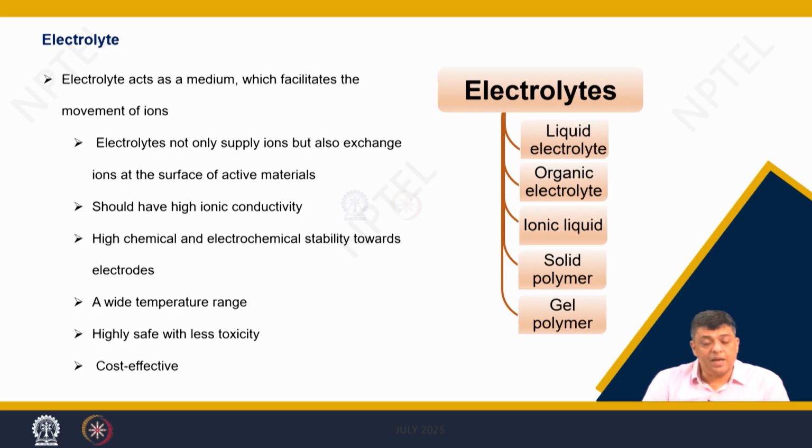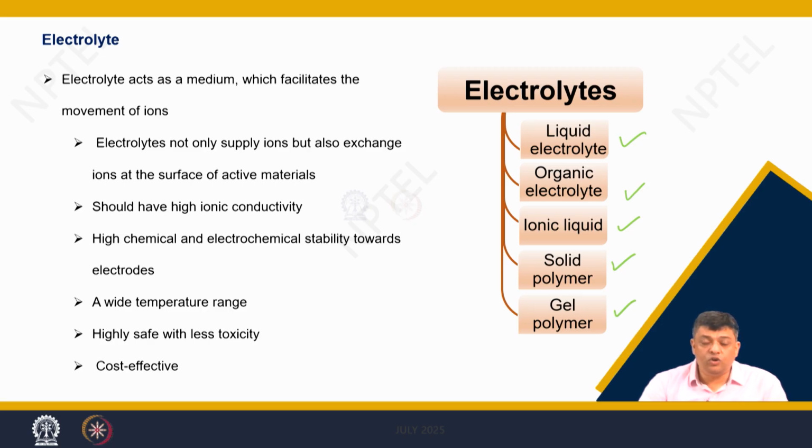You can have various types of electrolytes. You can have liquid electrolytes, you can have organic electrolytes, you can have ionic liquid based electrolytes, solid polymer, gel polymer, or you can have solid crystalline electrolytes. Each has its own advantages and limitations. It is not that there is one perfect electrolyte.